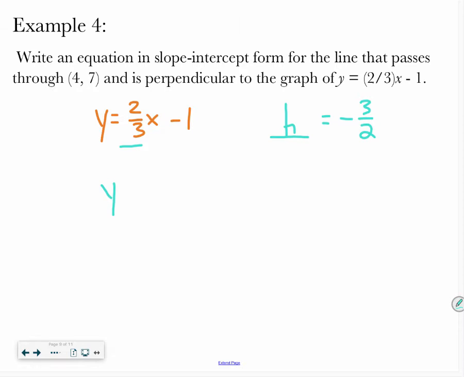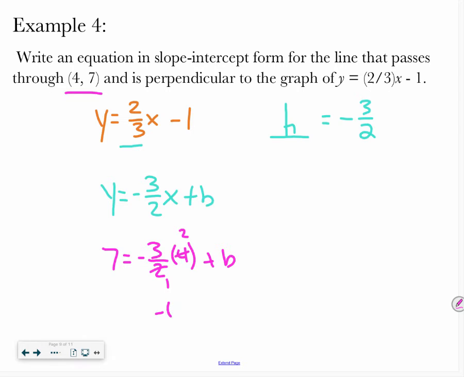So I'm going to have y equals negative 3/2 x plus b, and then I want it to go through (4, 7). So I plug that in for x and y. And if I do negative 3/2 times 4, I'm left with negative 6.